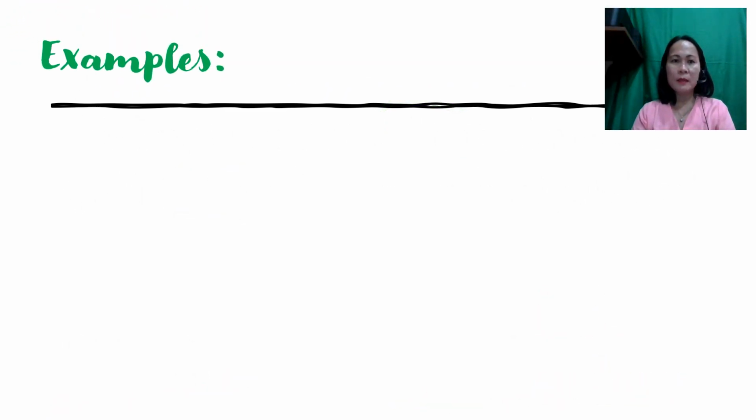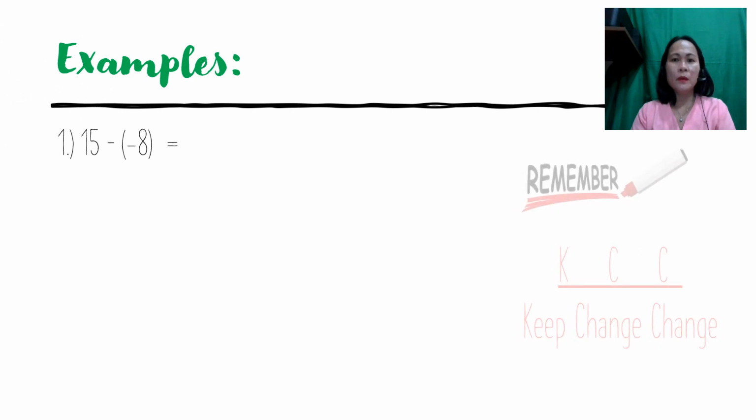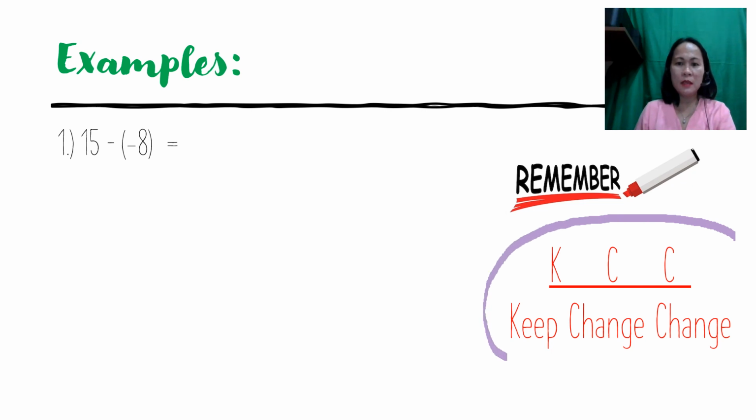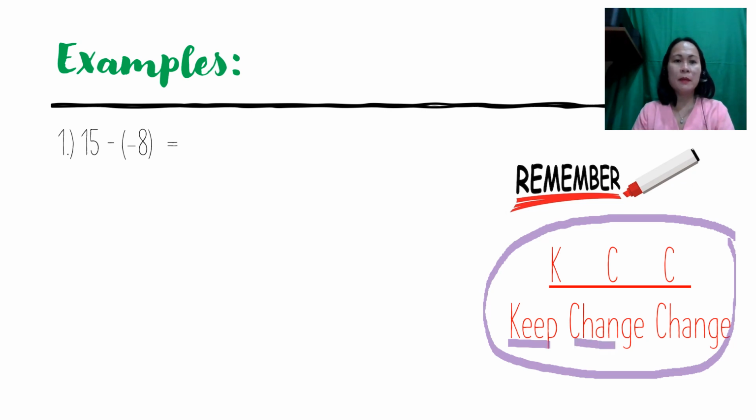And for our examples, we have to remember the KCC, which means you have to keep, change, and change. So for example number 1, we have 15 minus negative 8.